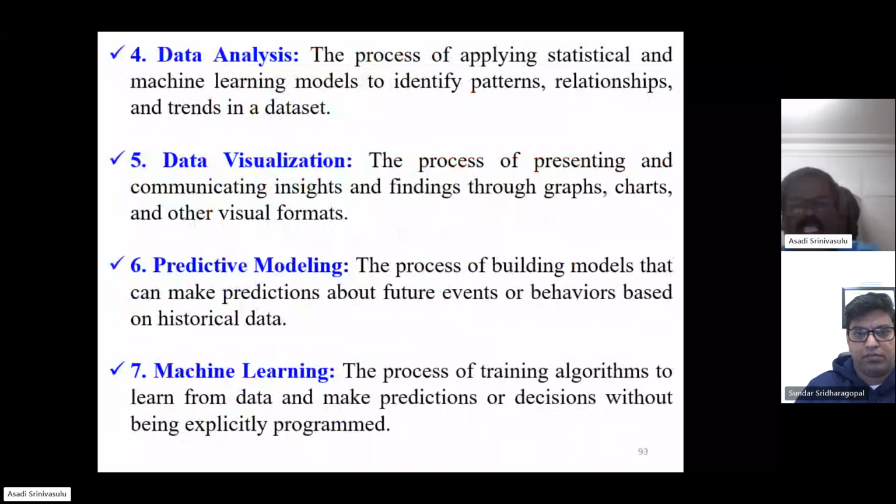Then machine learning is the concept where training algorithms learn from data and make predictions or decisions without being explicitly programmed. And you can call the eighth concept artificial intelligence.